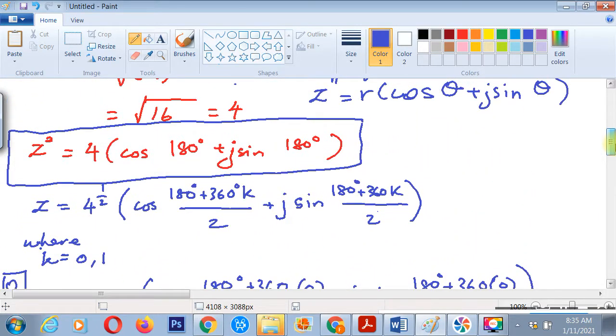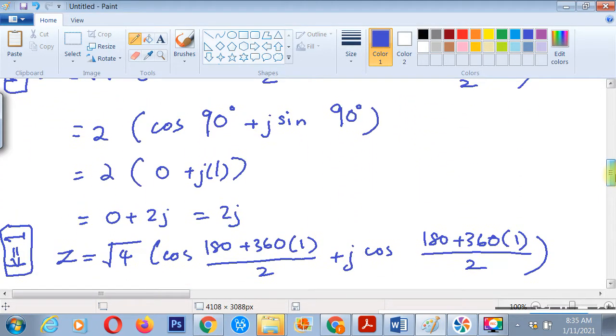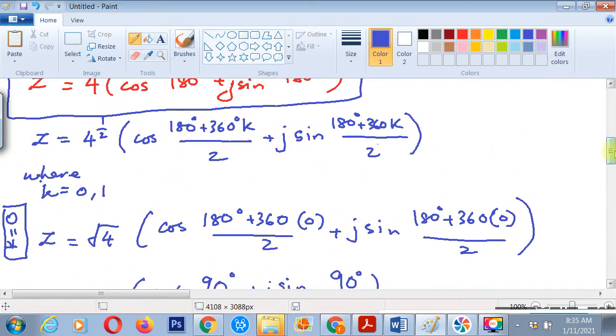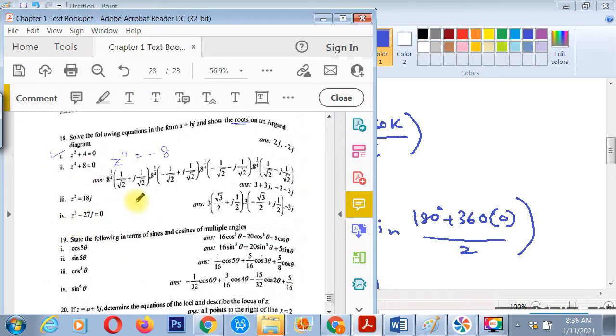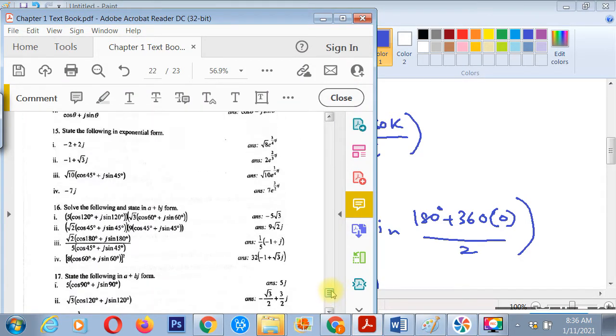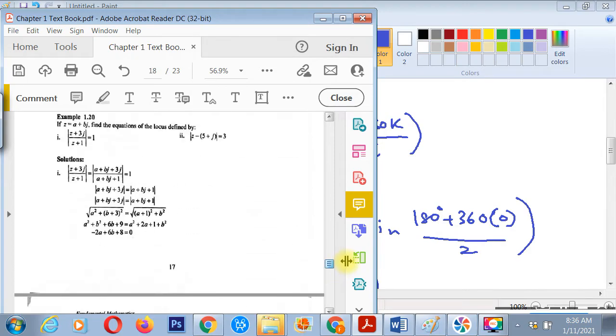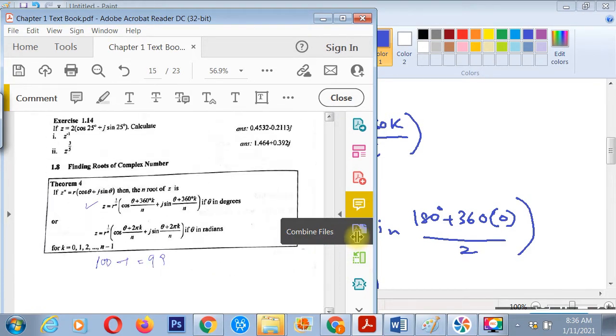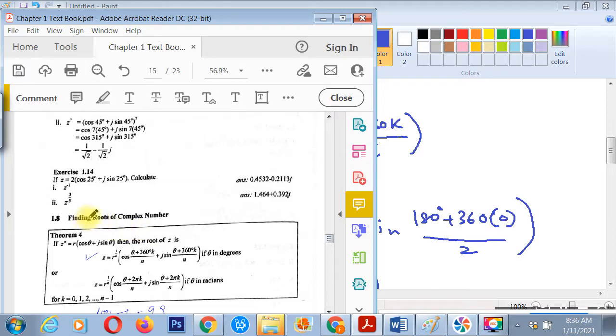Sorry, why do you choose 1 as the k? Because we need to find the roots. So now the root is from 0 until 1, so we find k equals to 0 and 1. From the notes, the formula, the De Moivre's theorem, to find the root of a complex number, we should use this formula.